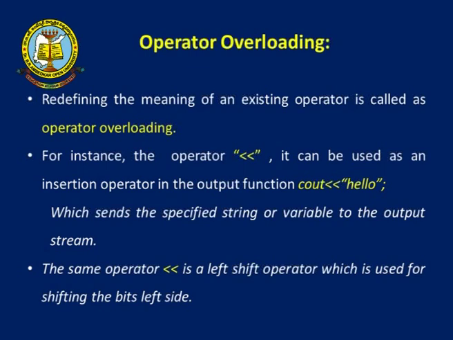That is, this double less than performs two different functions in two different cases. It can act like a left shift operator in one context, and it also works as an insertion operator in another context. When it is used with cout, it acts like an insertion operator, and it can also be used as a bitwise left shift operator. That means this operator is overloaded. It has two meanings in two different cases.